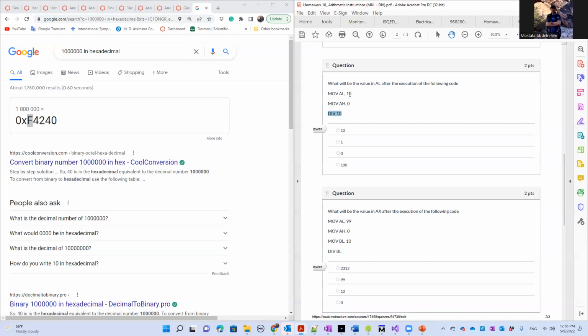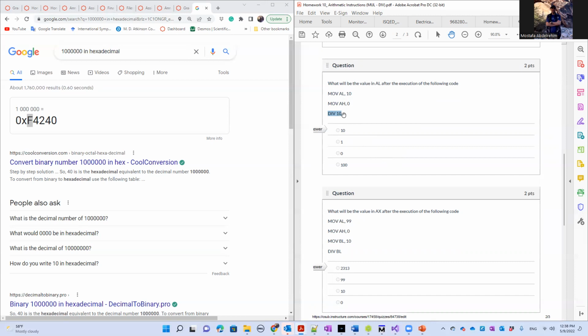So the program will stop execution here. You're going to have only move AL 10 and move AH 0, so AL will not change and you're going to have 10. It will not be 100, because this is not legitimate. AL will keep its value.